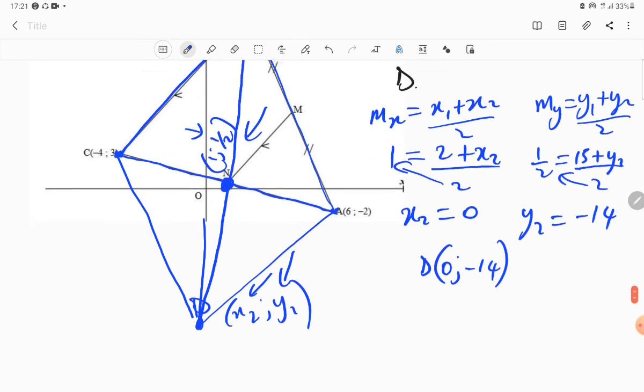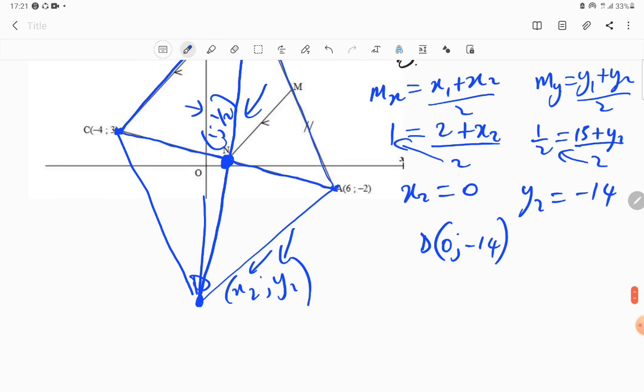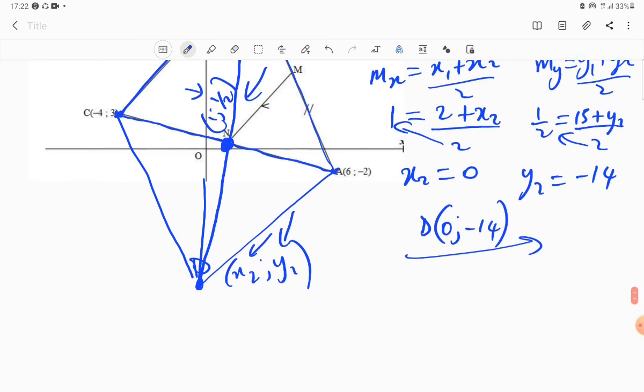Our point D is right on the y axis. These are the coordinates of D after we constructed this, because if you can't find the information from an abstract diagram, just construct it so that you get the information required. Hence we ended up with the quadrilateral out of nowhere. Now we are done with this one.